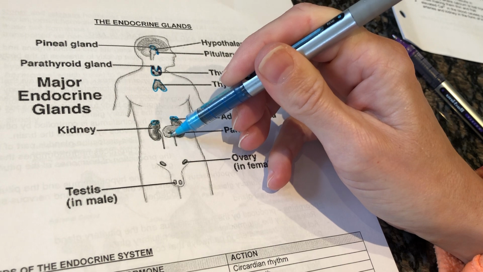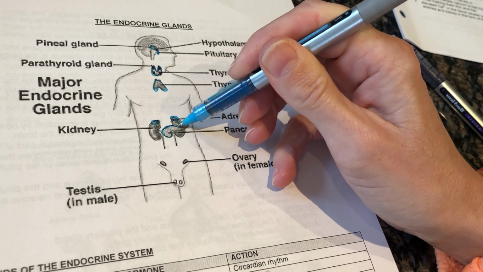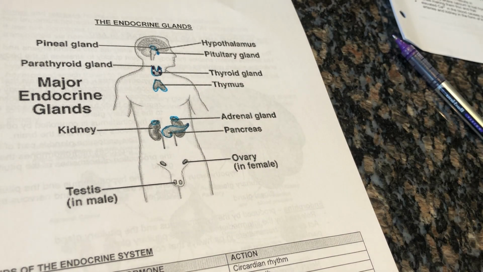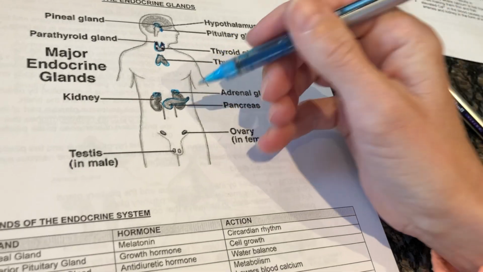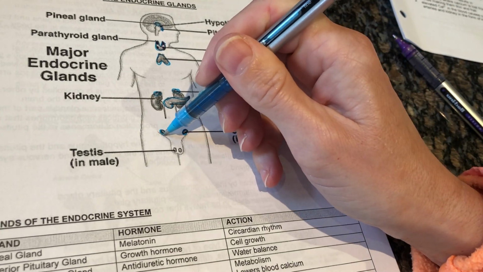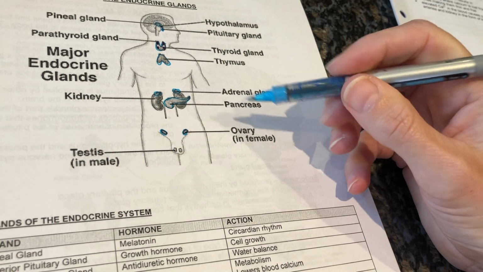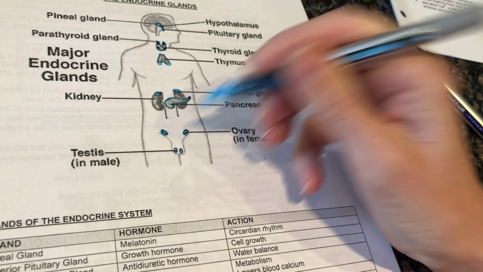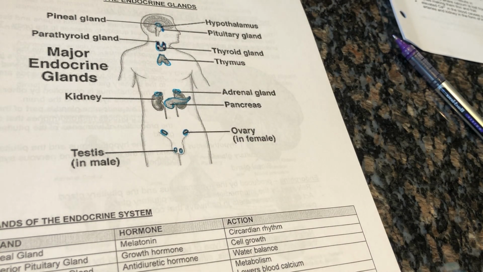And then the pancreas is definitely an organ of digestion, but it secretes hormones, and therefore we count it as part of the endocrine system. Then depending on if you're male or female, you're going to have ovaries. The ovaries produce the hormones for a female, and the testes produce the hormones for the male.